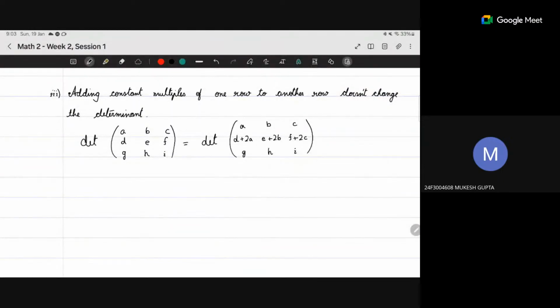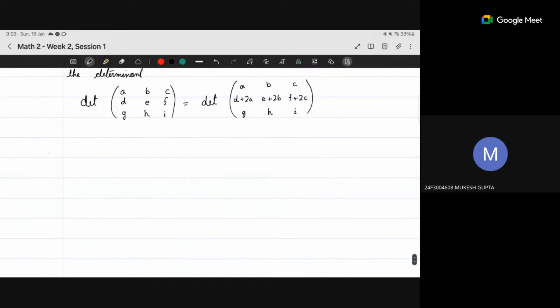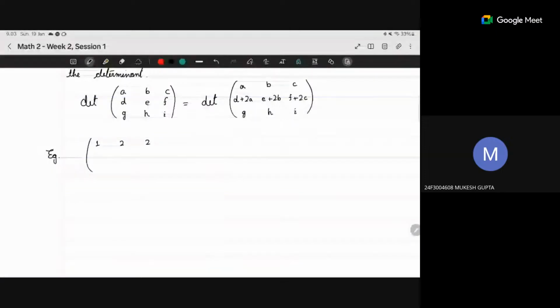In order to understand it even better, it is probably wiser to take some example. Now, if I want to compute, let's say, the determinant of 1, 2, 2, 2, 1, 1, 3, 4, 6, something like this. You could go about doing it the usual way, where you expand along some row, say, let's do it along the first row.